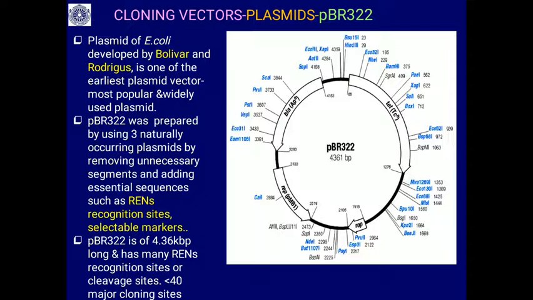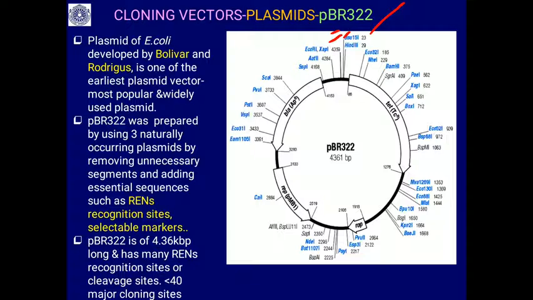This plasmid of E. coli, developed by Bolivar and Rodriguez, is one of the earliest plasmid vectors. So pBR stands for plasmid, Bolivar, Rodriguez, who developed it, and 322 is the number given in their lab, like 1, 2, 3.